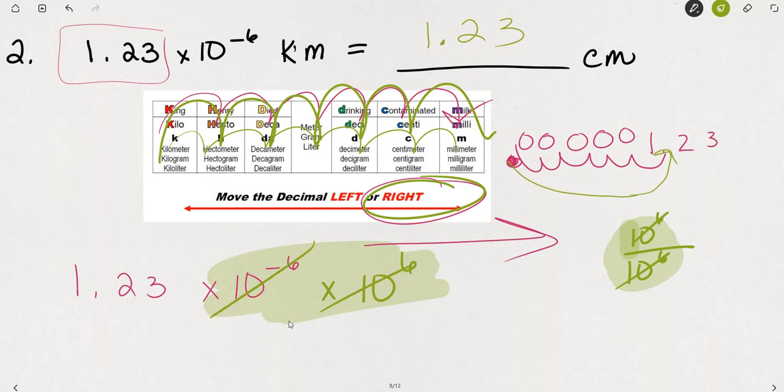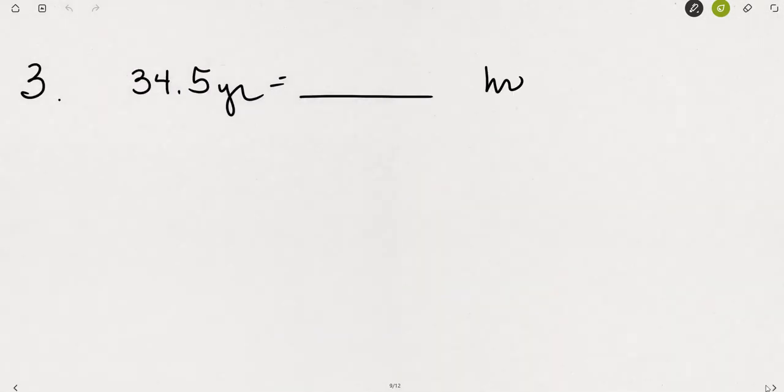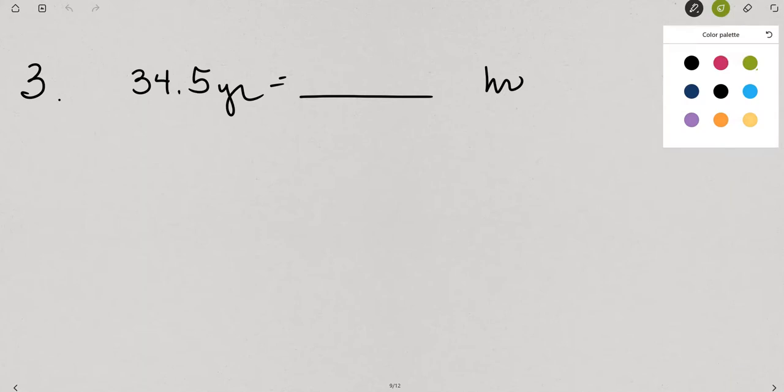So they undo each other entirely, and we're left with the 1.23. You might need a little more practice with that. Maybe watch the video a couple times if you need to, so that you can be sure to calculate those accurately. Let's go on to another example.